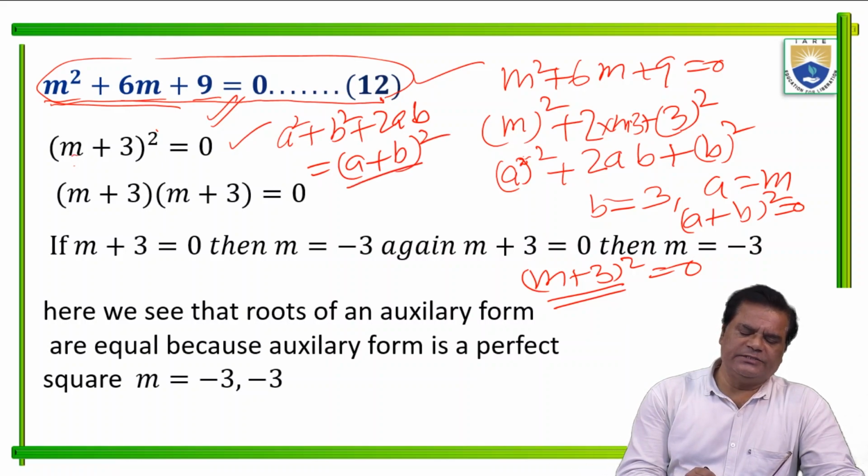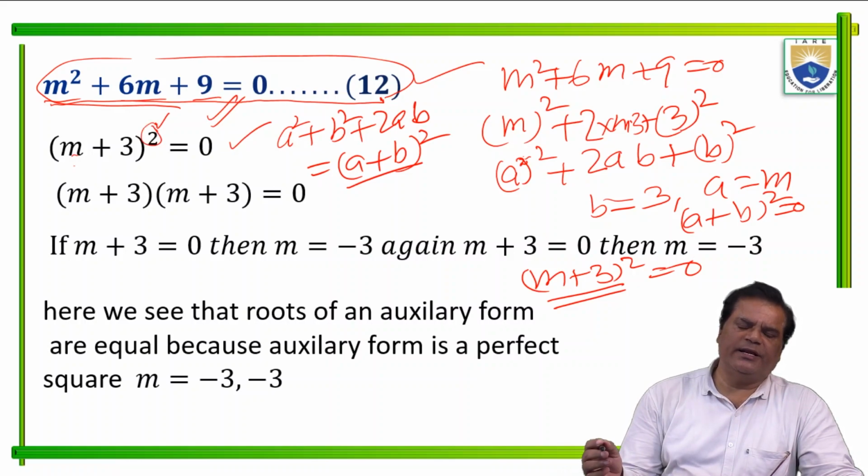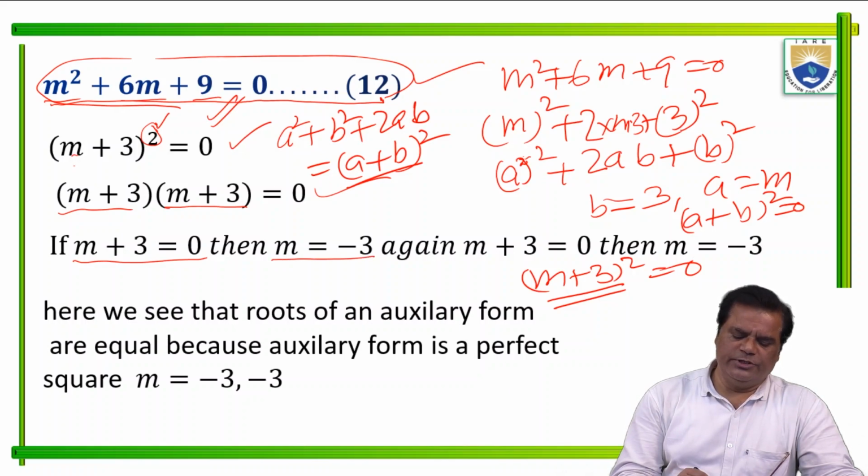Since it is a whole square, the factor m plus 3 equal to 0 is written twice. If m plus 3 equal to 0, then m is minus 3, as the 3 goes to the other side. Again m plus 3 equal to 0, then m equal to minus 3.